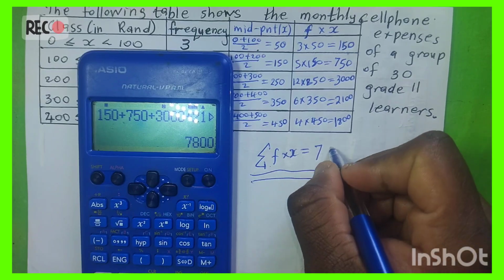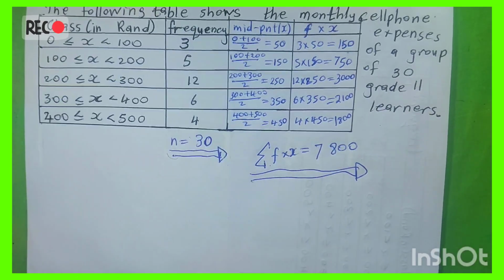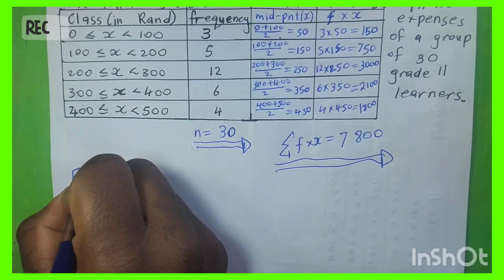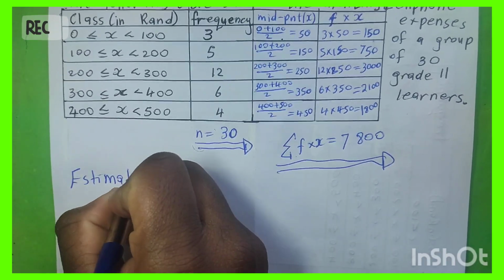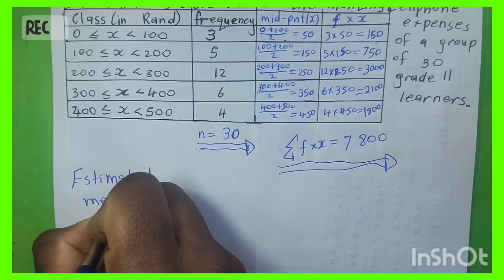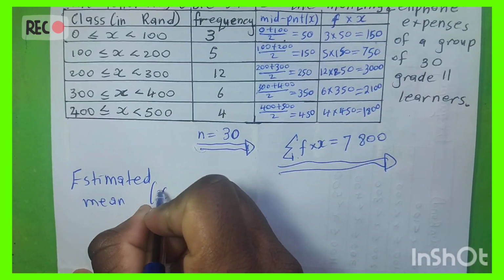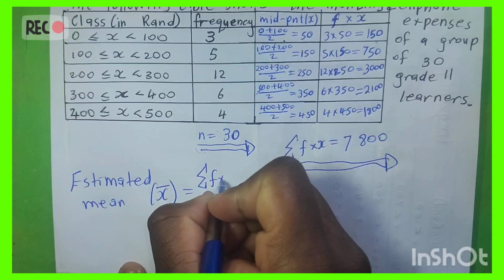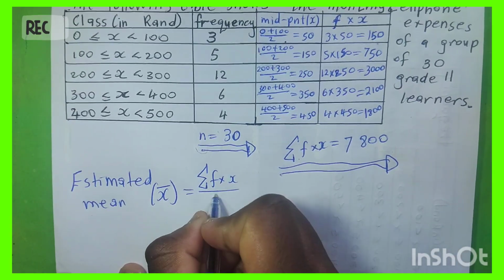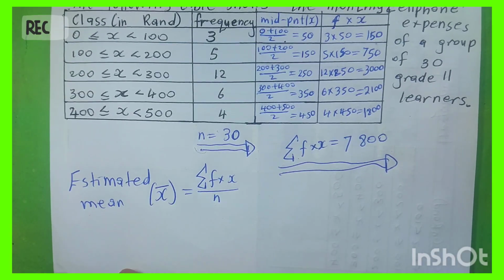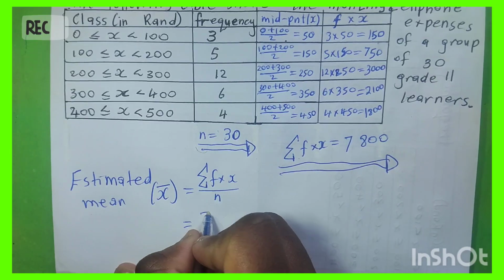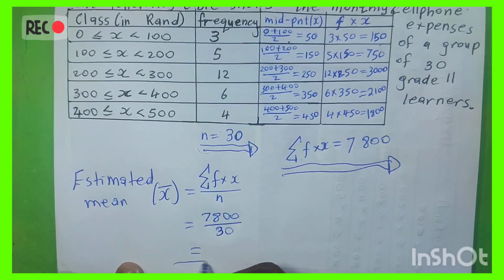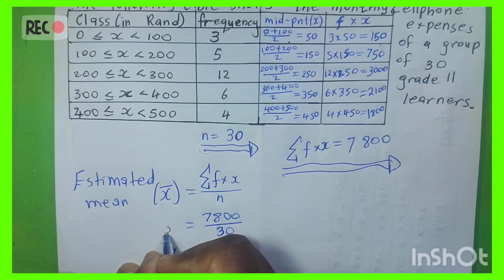Once I know these two things, I can get the estimated mean, whose symbol is this one. The equation says the sum of frequency multiplied by midpoint divided by the total number of frequency is equal to, then you substitute them, so that you get your final answer.